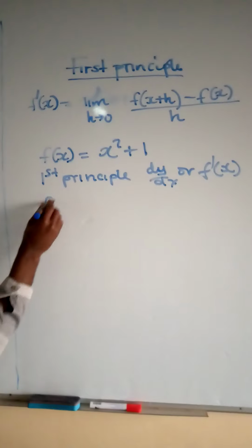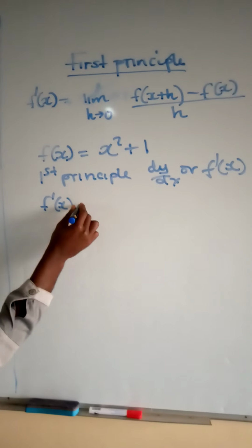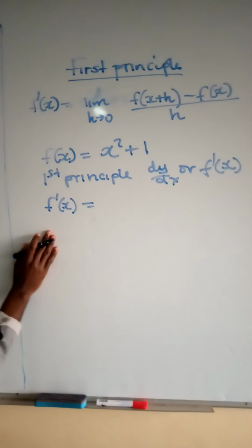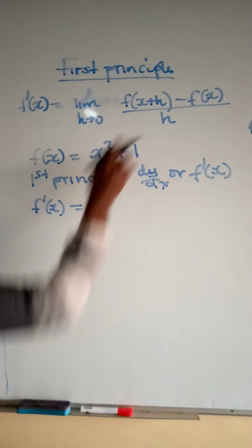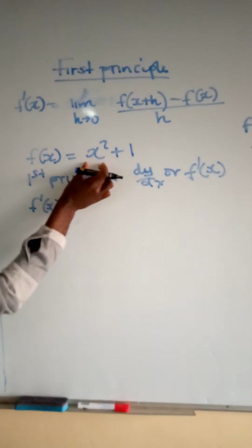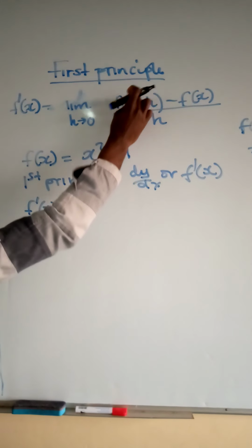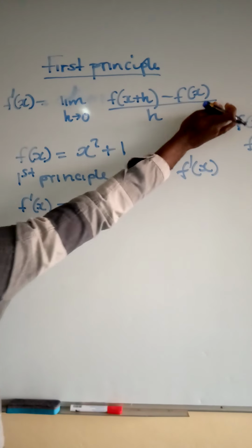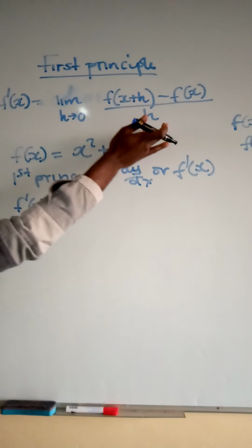We have f prime of x equals, now let's be critical here. Where there is x in the function, we are going to put x plus h and remove the original function, divided by h.